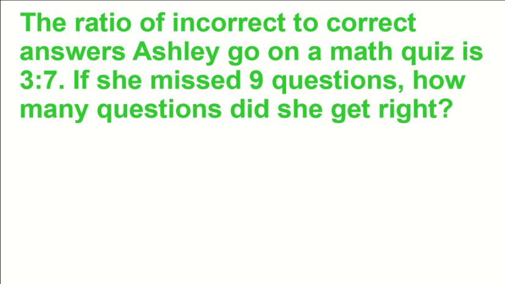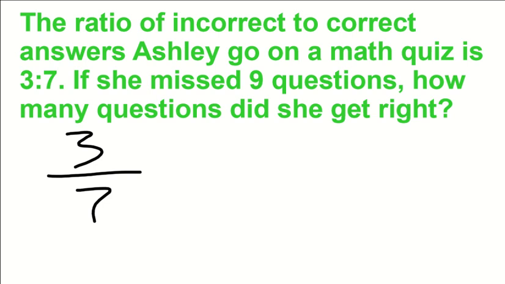All right, so let's look at this. The ratio of incorrect to correct answers Ashley got on a math quiz is 3 to 7. If she missed 9 questions, how many questions did she get right? So look, we start with the ratio they give us. The ratio they give us is 3 to 7.